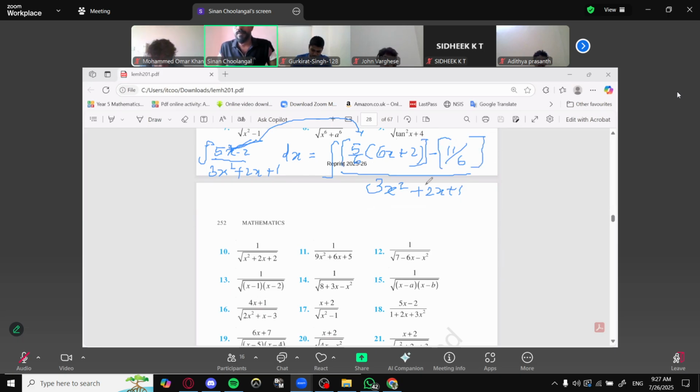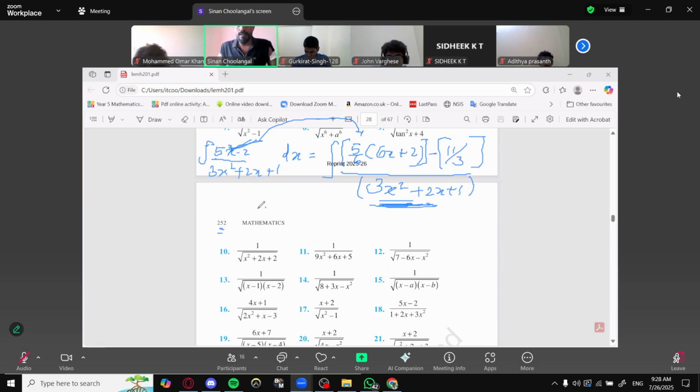Sir, why didn't you replace this value? That I will tell you. Don't replace 3x square plus 2x plus 1 with the completed square now. Okay, 11 by 3, just write it correctly. This I didn't replace, and now I'll tell you why.